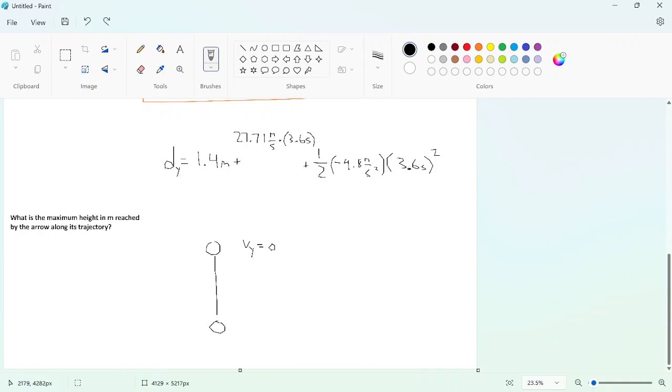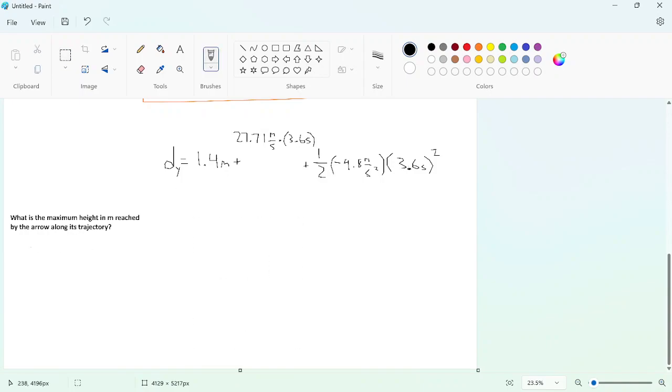If your vertical velocity at the very top was not equal to zero, say it was 2 or 3, if it was positive, you'll keep on going up, and gravity will keep on decreasing that velocity until it reaches zero. Once it reaches zero, you can't move upwards anymore, and you would have reached your maximum height.